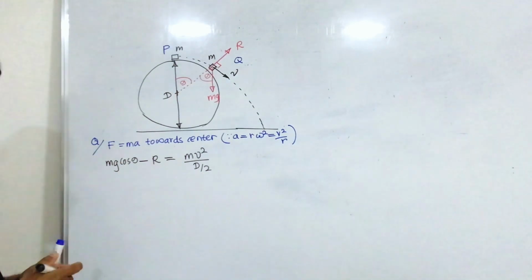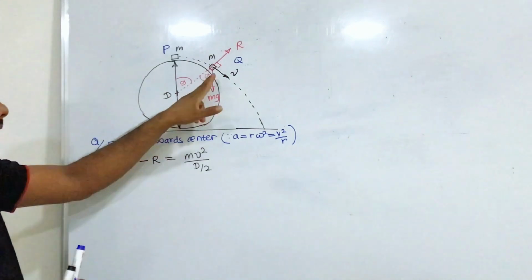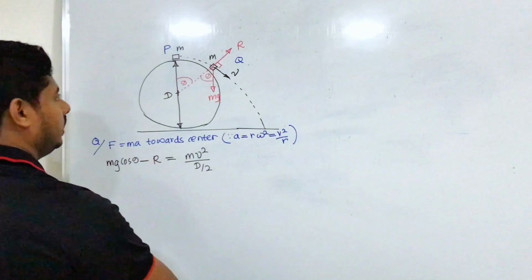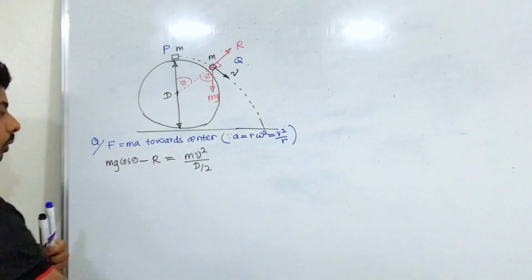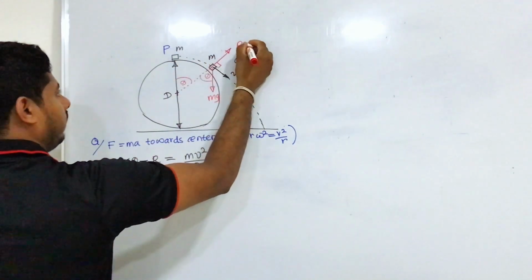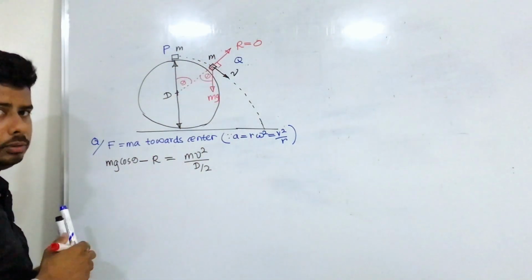Now what we can do is, we know that at this point this one will leave the surface. So what will happen if it leaves the surface? At the point where the contact is lost, this reaction force goes to 0.